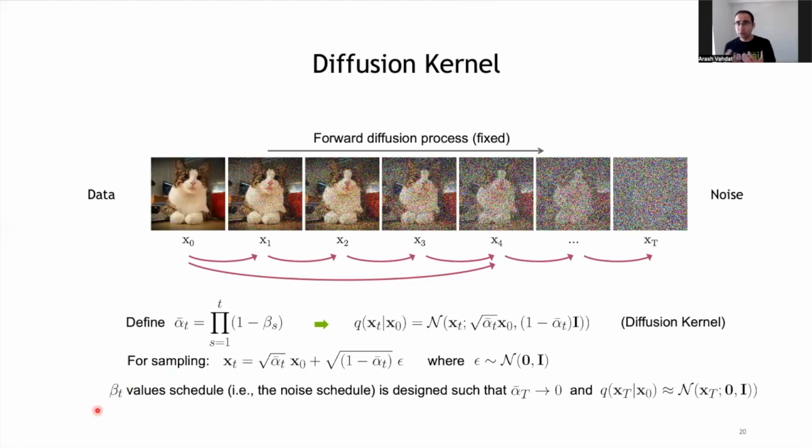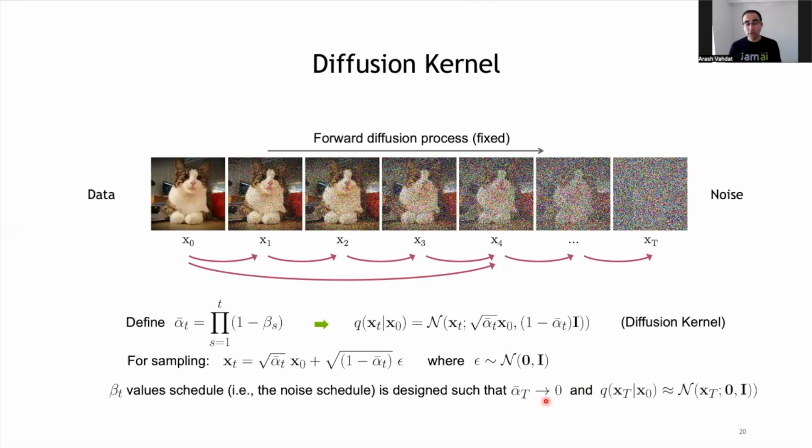Beta t values are important. We're going to call beta t values the noise schedule that defines how we're diffusing the data. And this noise schedule is designed such that alpha bar t at the very last step would converge to 0.